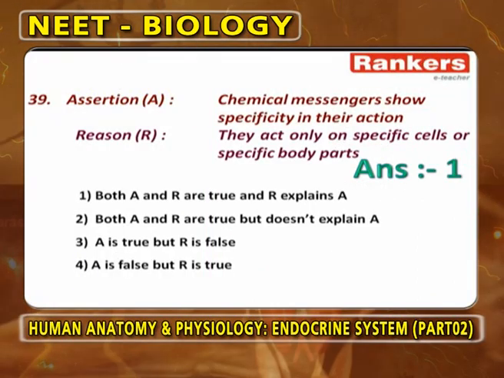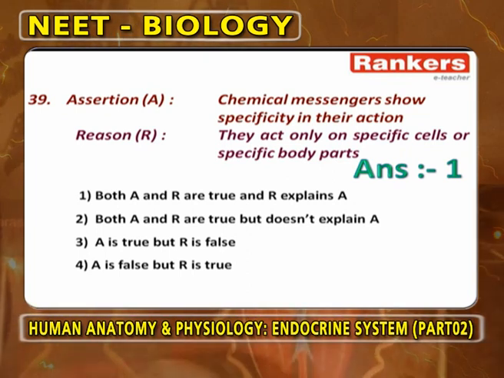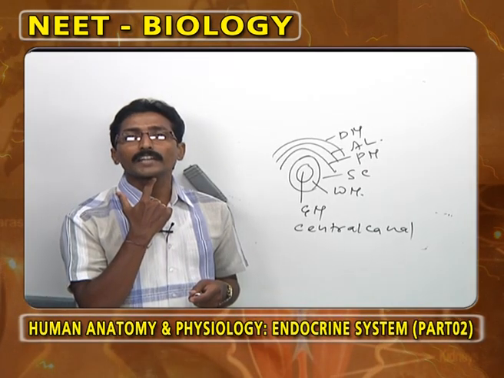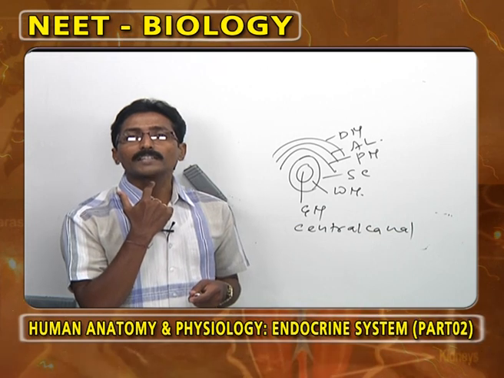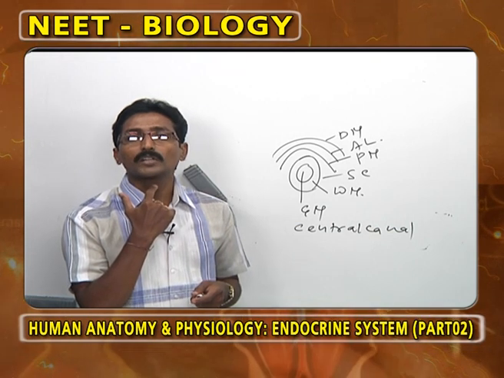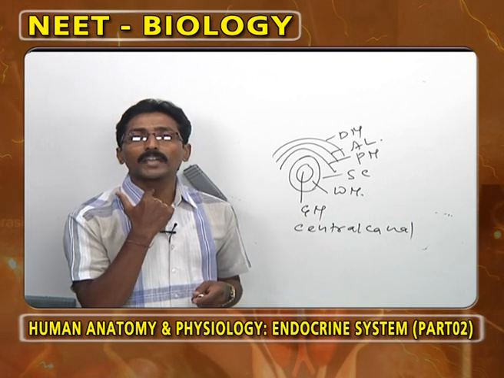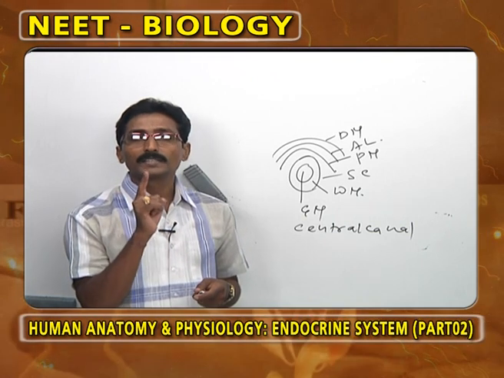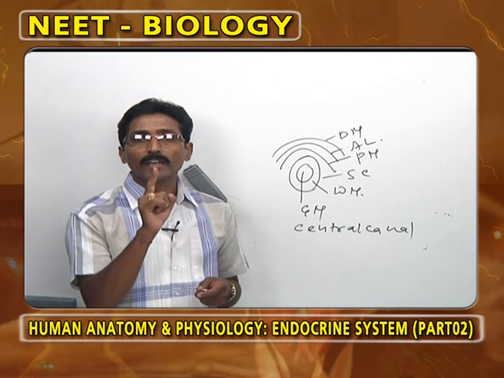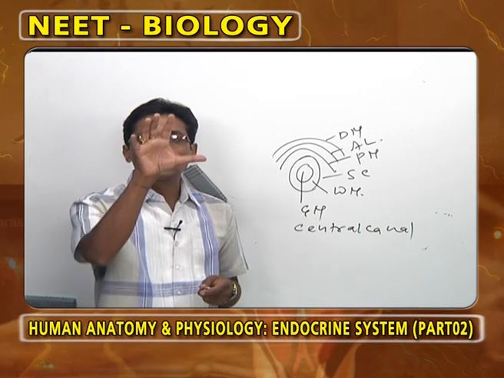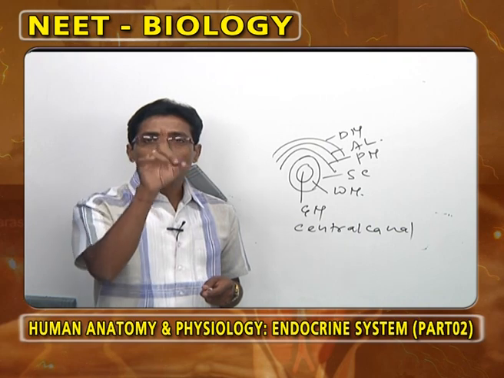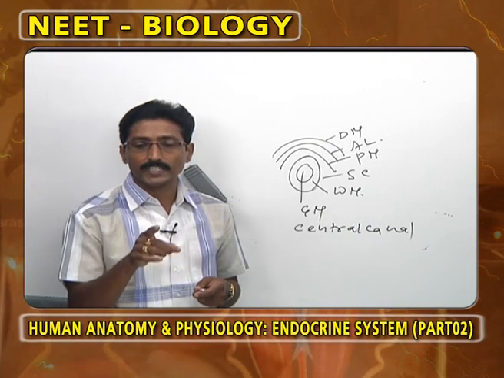chemical messengers, meaning hormones show specificity in their action. Take for example, this is called the thyroid gland. The thyroid gland secretes thyroxine hormone, but here the thyroxine hormone has no work. That means the hormone has a target organ somewhere, that we call specificity.